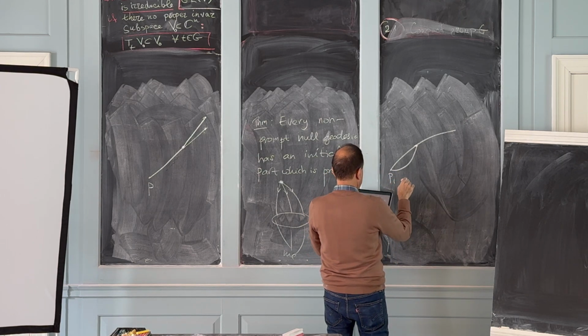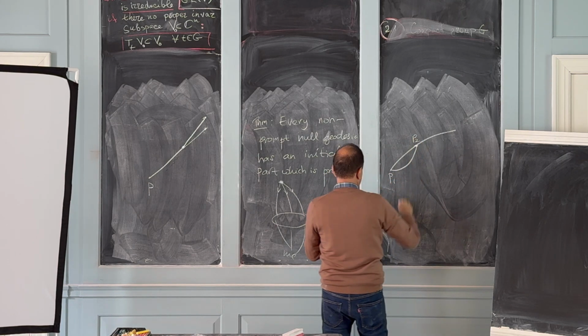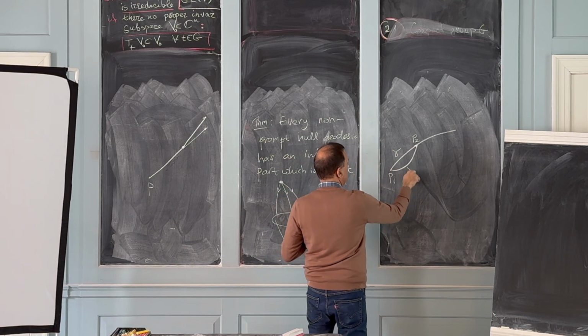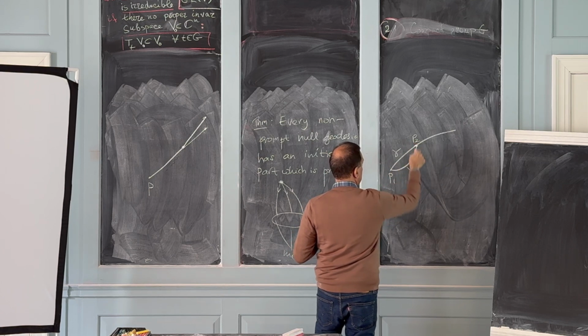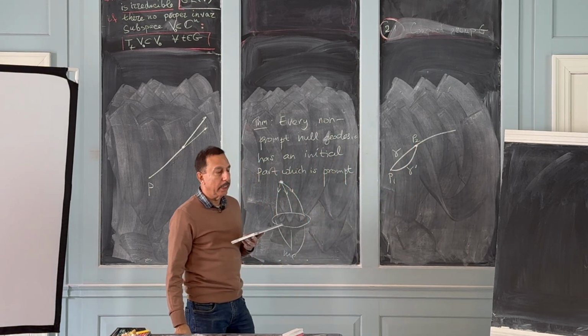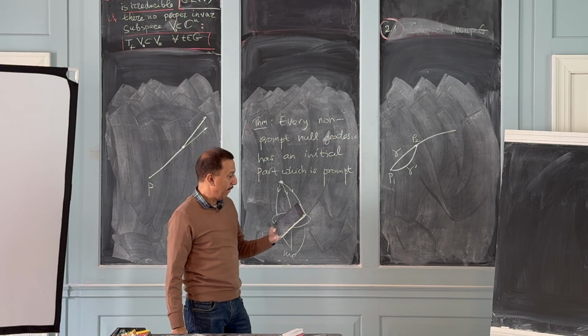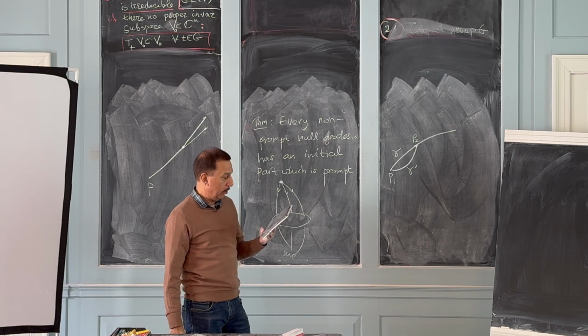So here's my starting point and here's my focal point. So gamma is a null geodesic and gamma prime is another one, and they both reach P2, and that's where they focus.